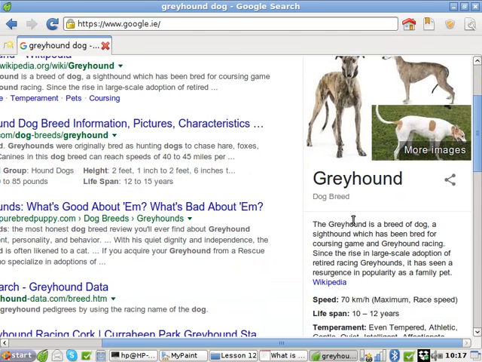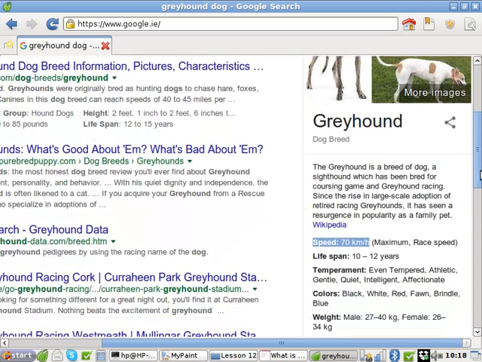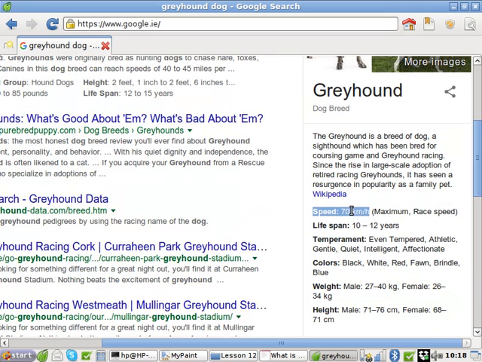It says here the greyhound is a breed of dog which is bred for racing. And this is how fast it can get. Fast, huh? 70 kilometers per hour.